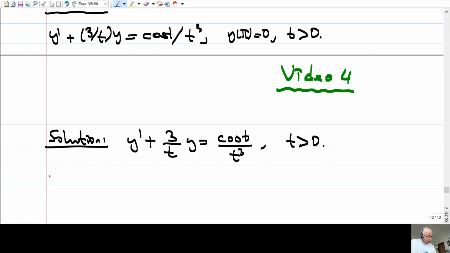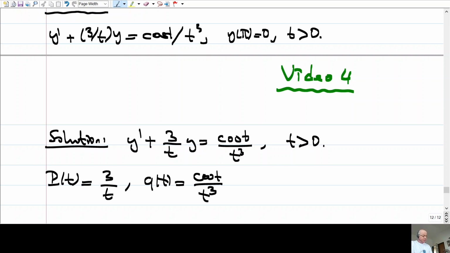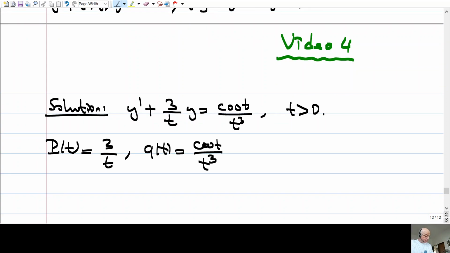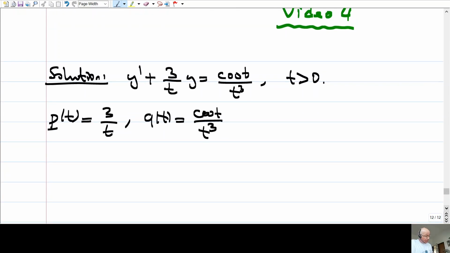So we first identify what is P and Q. P is 3 over T, and Q is cosine T divided by T cubed. Remember, we are given that T is positive, so there is no danger writing P and Q like this. Well, what is the integrating factor?